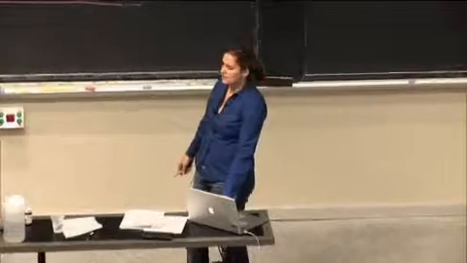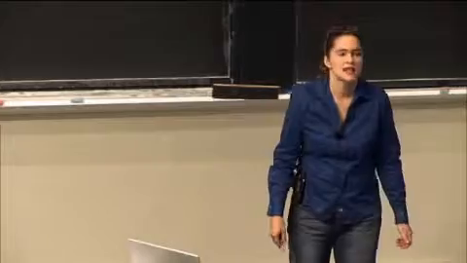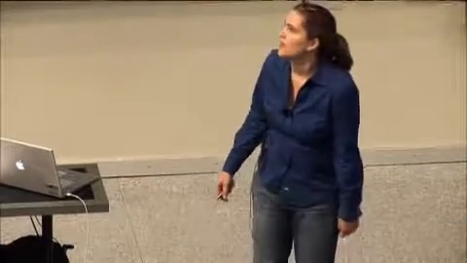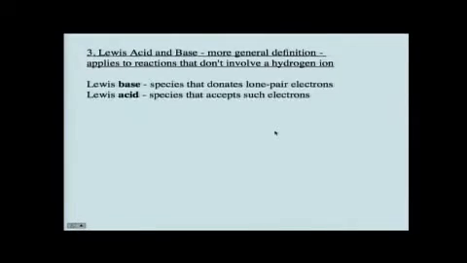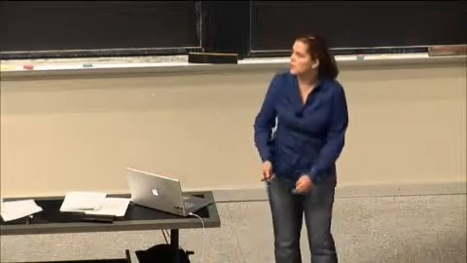So now let's consider a broader example of acids and bases. These are Lewis acids and bases. We're going to come back to this around Thanksgiving time when we talk about transition metals. Here it's really broad. We're not even going to talk about a hydrogen ion at all. In this case, a Lewis base is a species that donates lone pair electrons, and a Lewis acid is a species that accepts such electrons. So here would be an example.